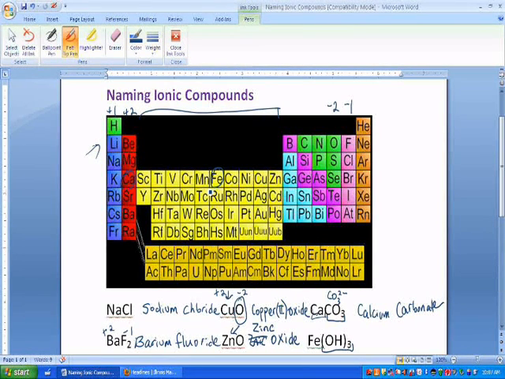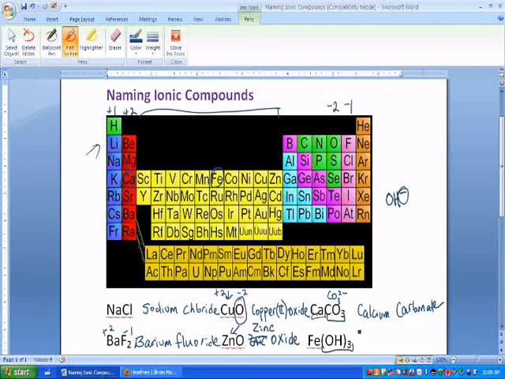Over here it's iron. Let's look for iron here. Iron is a transition metal, and iron can have multiple different oxidation states. So let's figure out what charge the iron is in this case. How you can figure it out, again, is based on the anion. The anion right here is hydroxide.